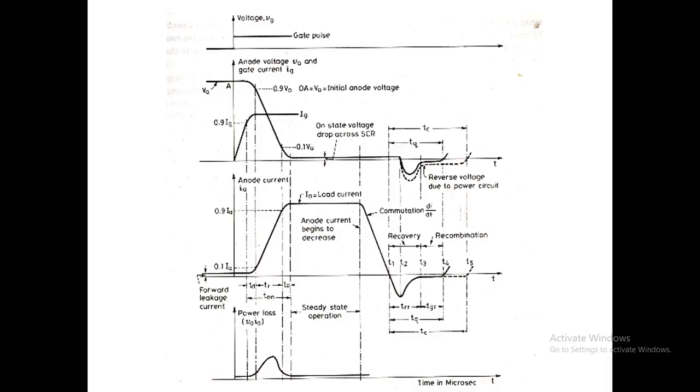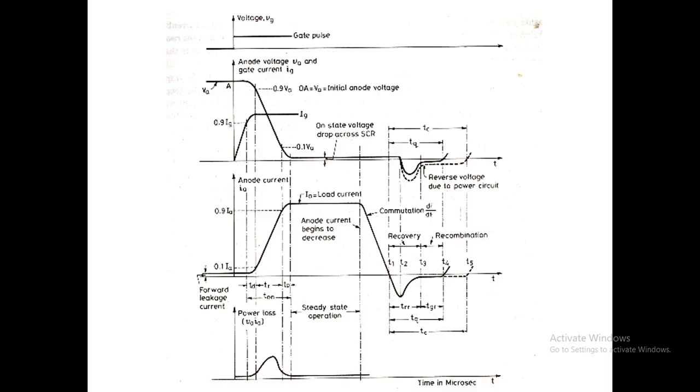We cannot remove the charges from the inner layers by means of any outer circuit, so the trapped charges will deplete by themselves by means of recombination, so that will take some time. That is called TGR. So the device turn off time TQ is equal to reverse recovery time plus gate recovery time TGR.